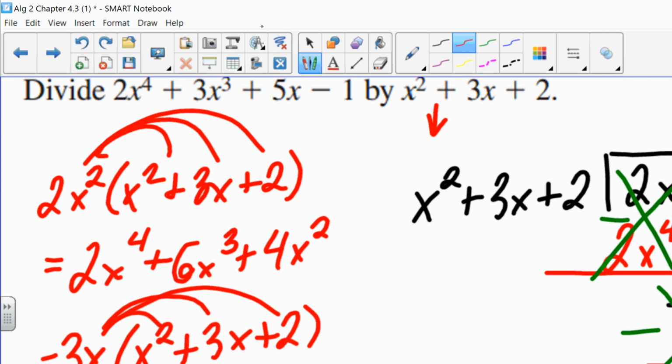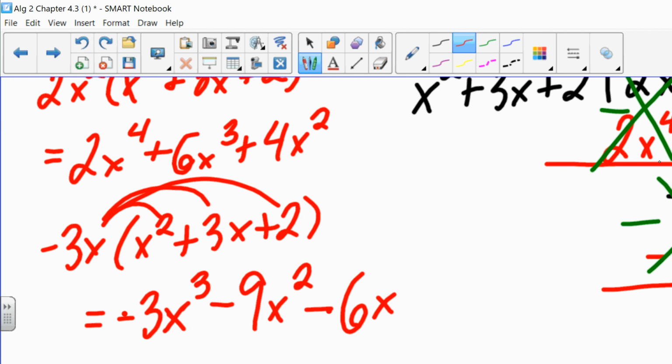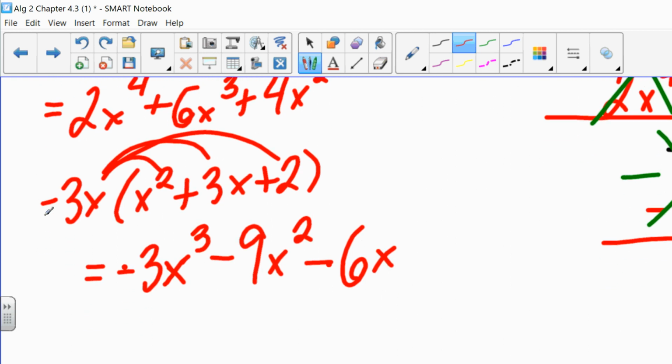And our last step, because we don't have any more numbers to bring down after this: what times x squared is 5x squared? Plus 5. So we're going to do 5 times x squared plus 3x plus 2, which would give us 5x squared plus 15x plus 10.